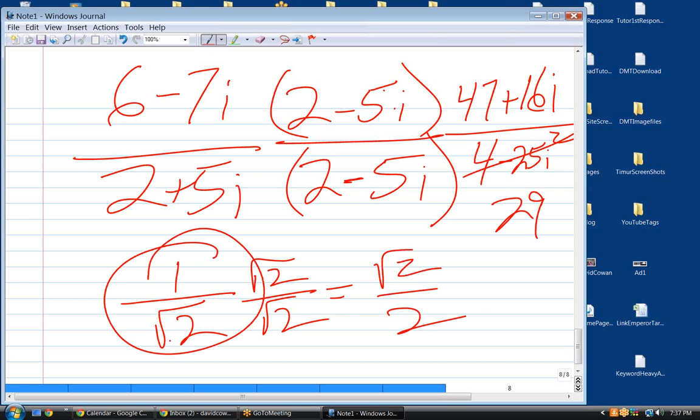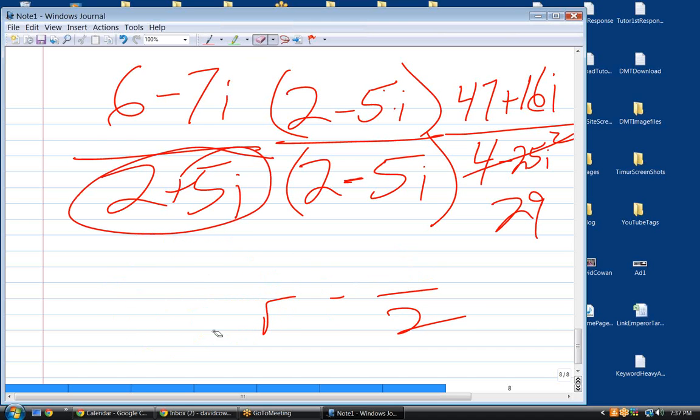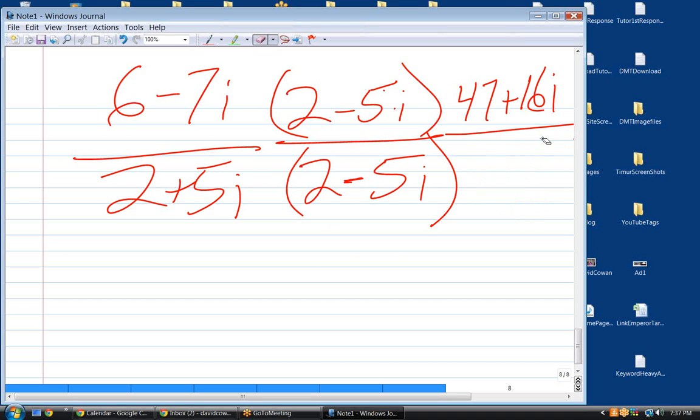So what looks like a division problem really isn't. It's a rationalizing the denominator problem. Same thing with imaginary numbers. It's not a division problem, it's a realifying the denominator problem. And that about takes care of imaginary numbers.